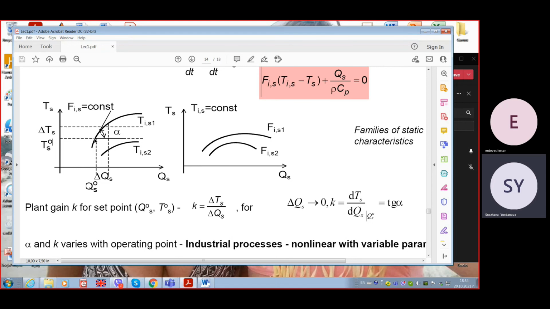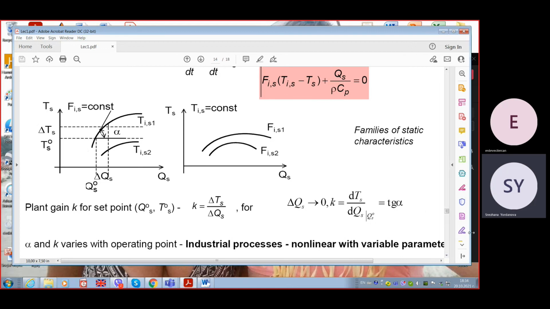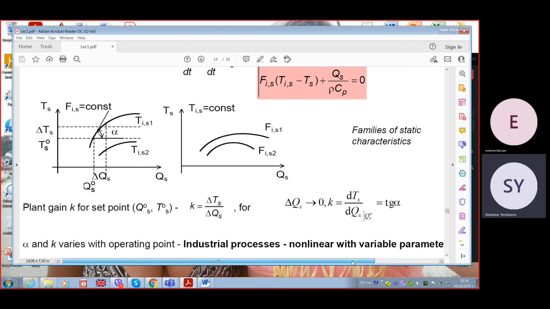So we select the reference where the linear area around it, so the tangential line in the operating point, is very close to the curve, and this area is big enough. So then we use linear controllers and methods to control the system.